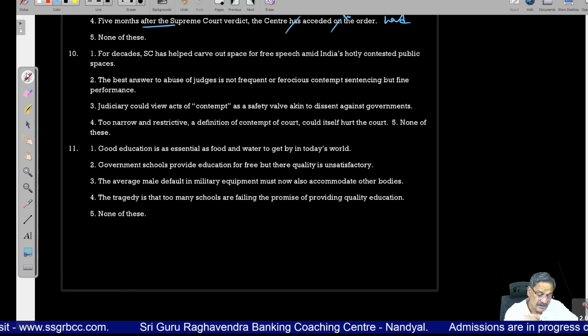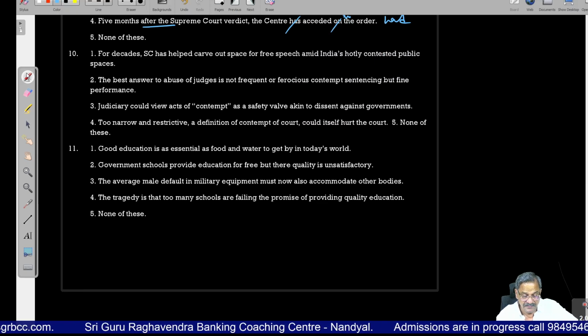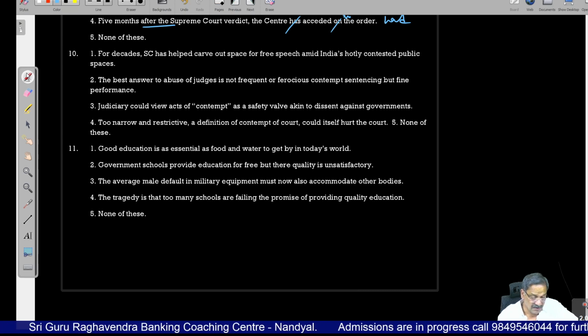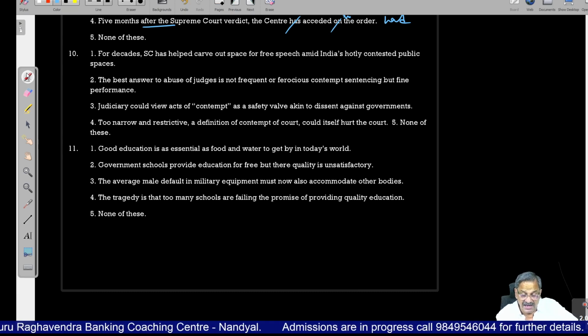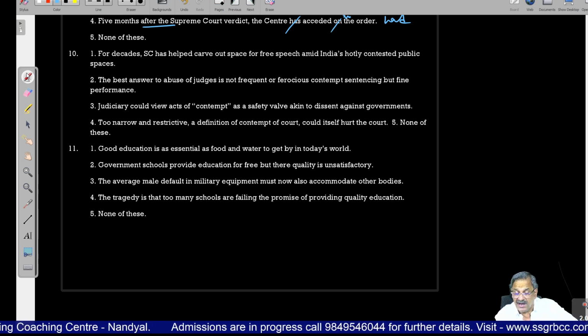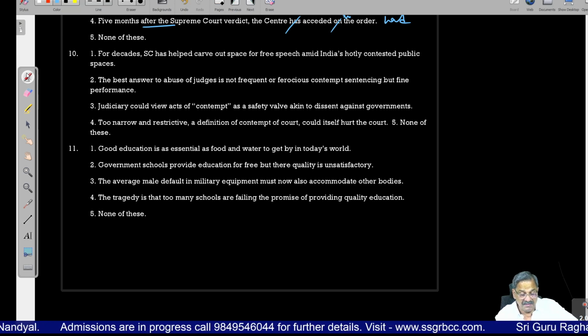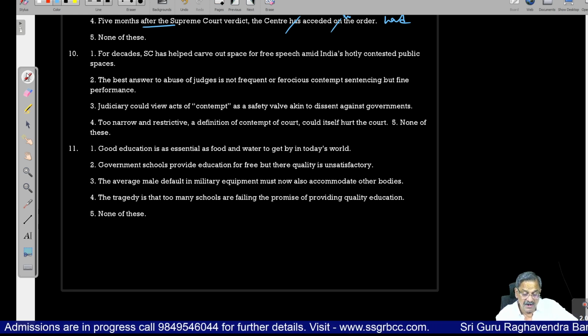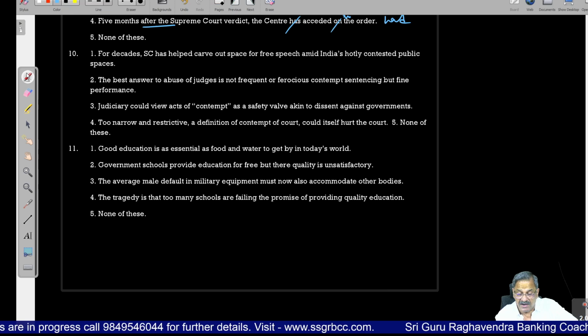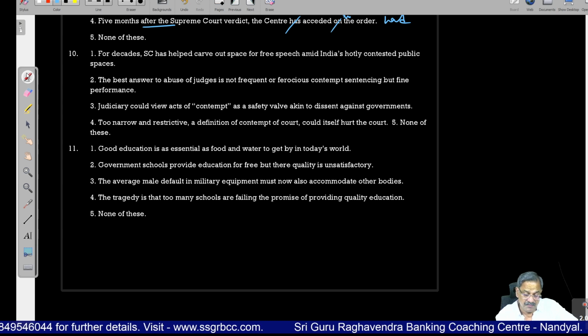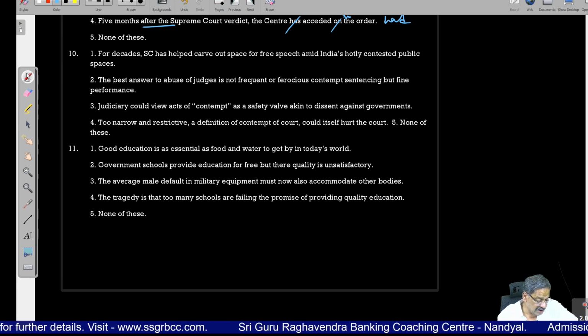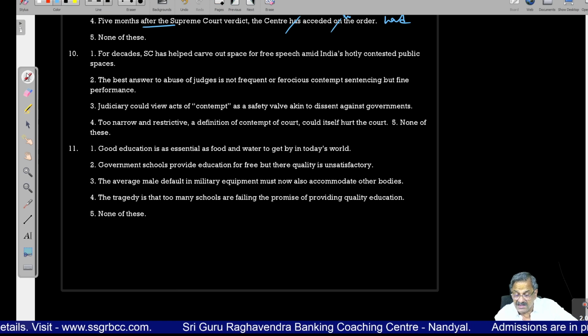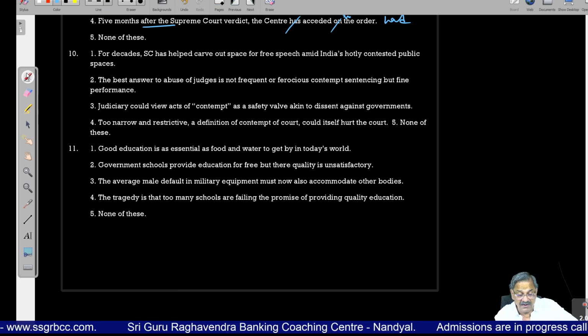Then 10 and 11. For decades, the SC has helped carve out space for free speech amid India's hotly contested public spaces. The best answer to abuse of judges is not frequent or ferocious contempt sentencing, but fine performance.